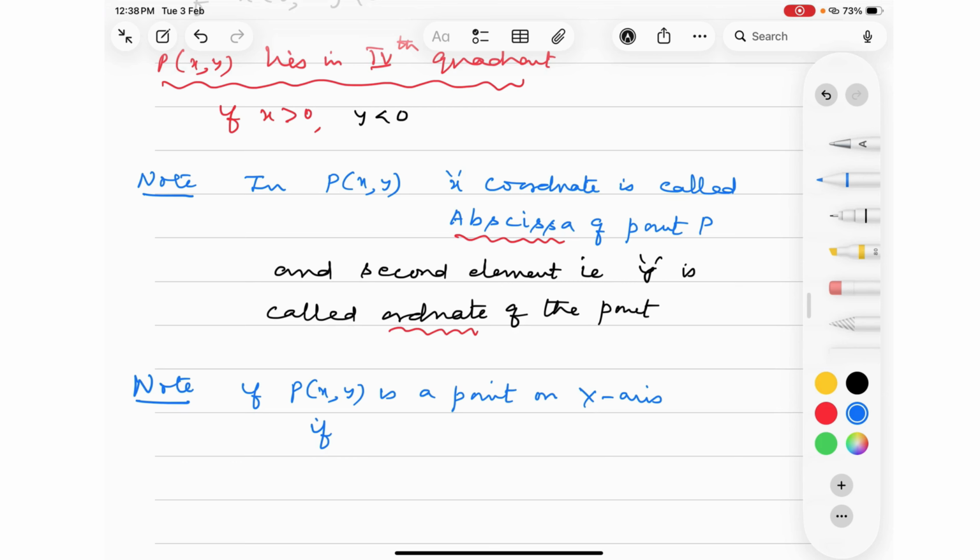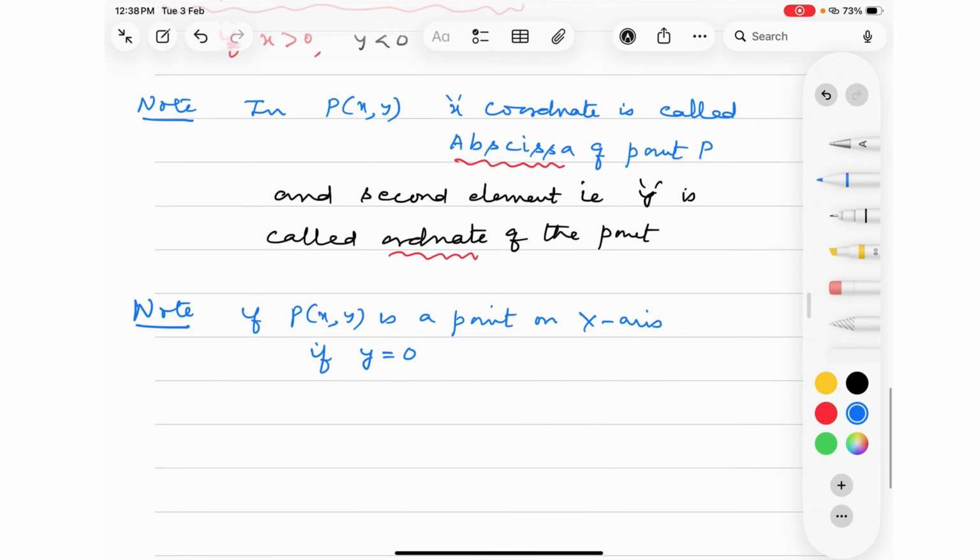If y is equal to 0. If point P is on the x-axis, y should be 0. Similarly, if P(x, y) is a point on the y-axis, how do you know the point is on the y-axis? If x is equal to 0. Very useful before we define trigonometric ratios. This is the first point, remember.